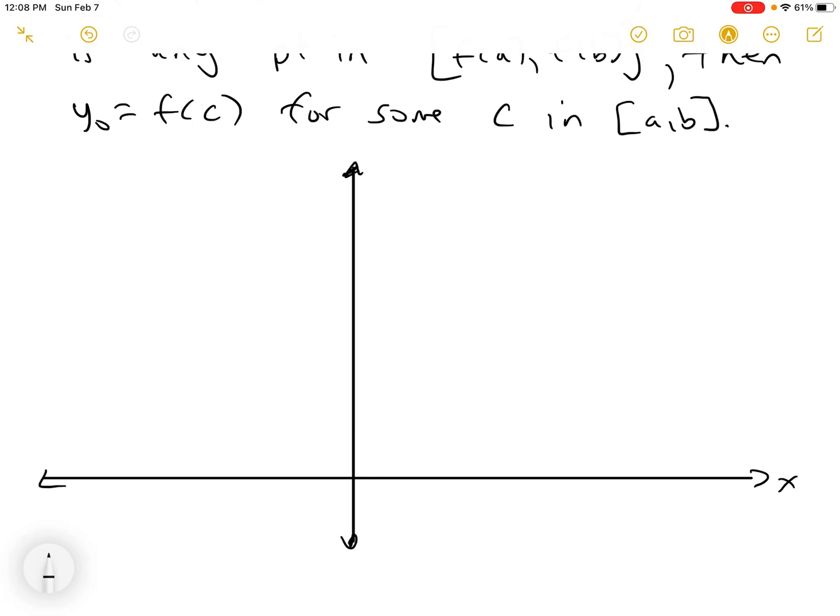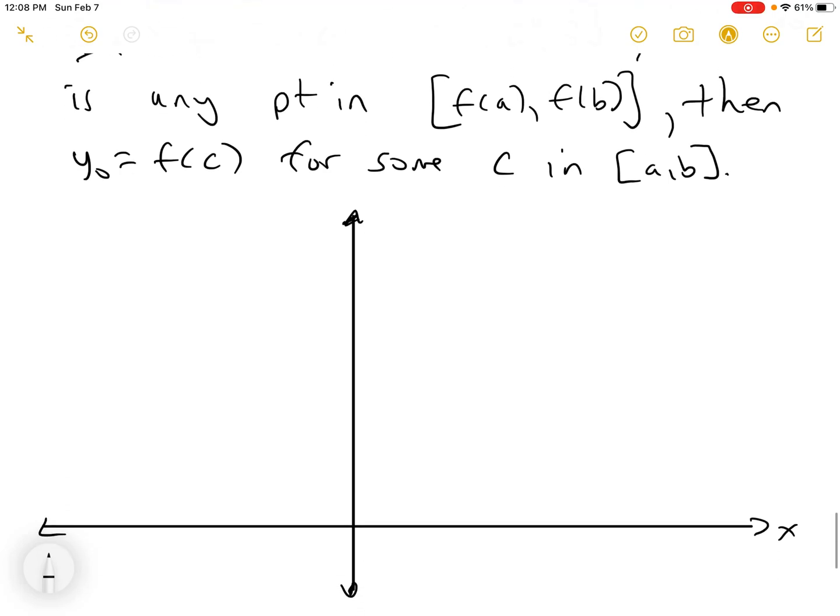So, unraveling this thing, we have an interval a to b on the x-axis. And then up here, I'm just going to put some point f of a. And then up here somewhere, I'm going to put some point f of b. And since f is continuous, we know that this doesn't leave the paper, right? There's no holes, no breaks, nothing.